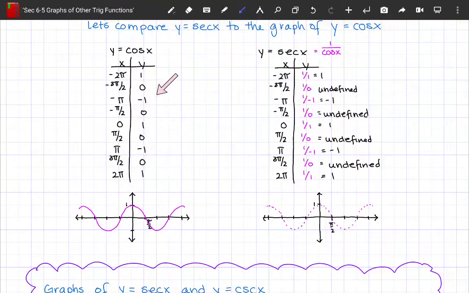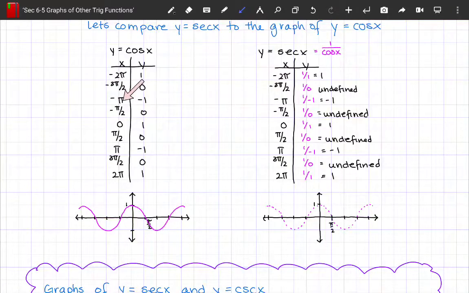So I'm taking the same table over here, except I'm taking the reciprocal of all of these y values. So at x equals negative 2 pi, y will be 1 over 1, which is still equal to 1. But at negative 3 pi over 2, if cosine is 0, secant will be 1 over 0. And we know whenever you have 0 in the denominator, it's undefined.